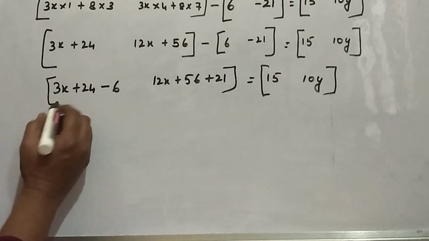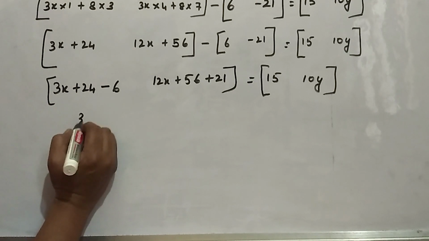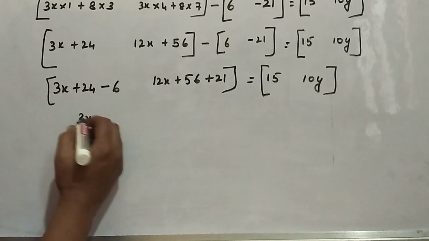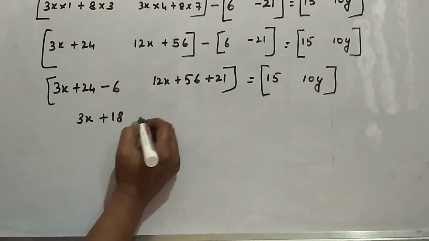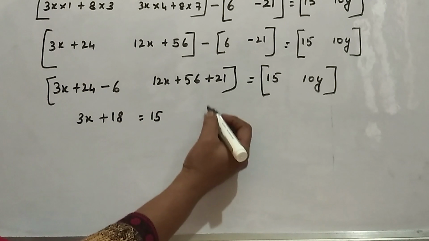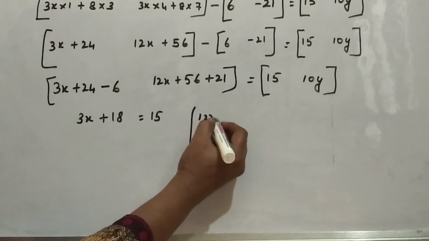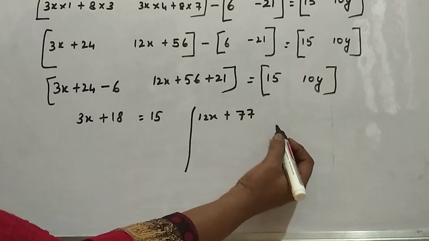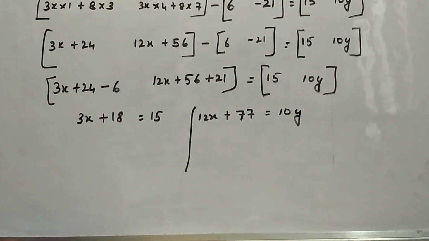Okay. Now compare it. 3x plus 24 minus 6, you will get 18, is equal to 15, and then 12x plus 77 is equal to 10y.